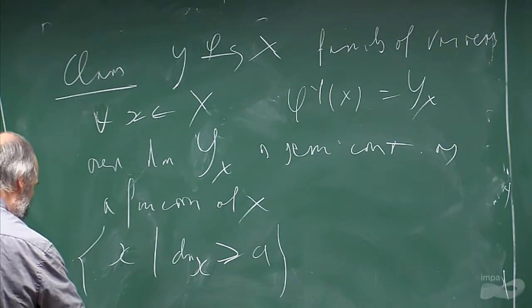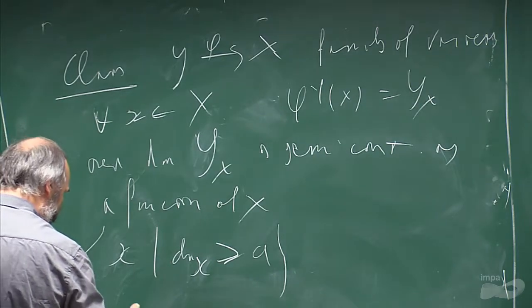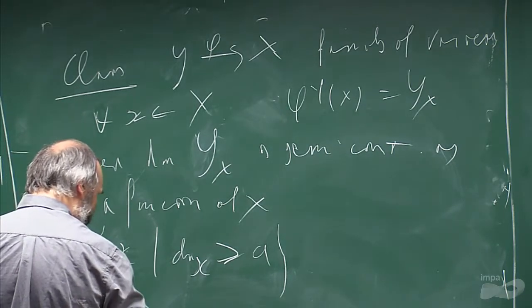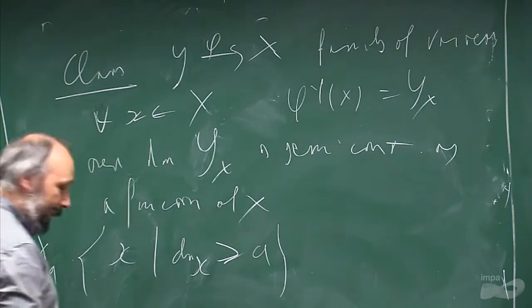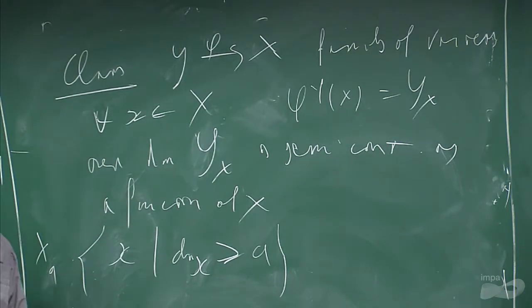Then you have X0 containing X1, containing X2, and so on. And these are all Zariski closed. They are finitely many.